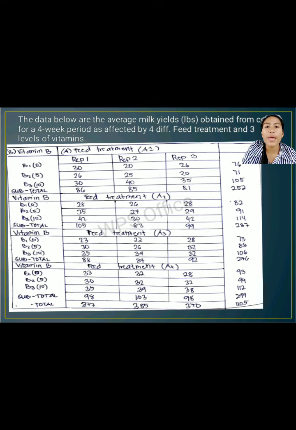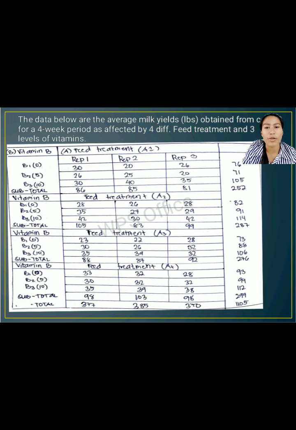Next, B sub 2 feed treatment: 26 plus 25 plus 20 equals 71. Then you can follow with B sub 3 feed treatment: 30 plus 40 plus 35 equals 105. After that, we add all the totals of each replication. So, in feed treatment A sub 1, we have a subtotal of 252.